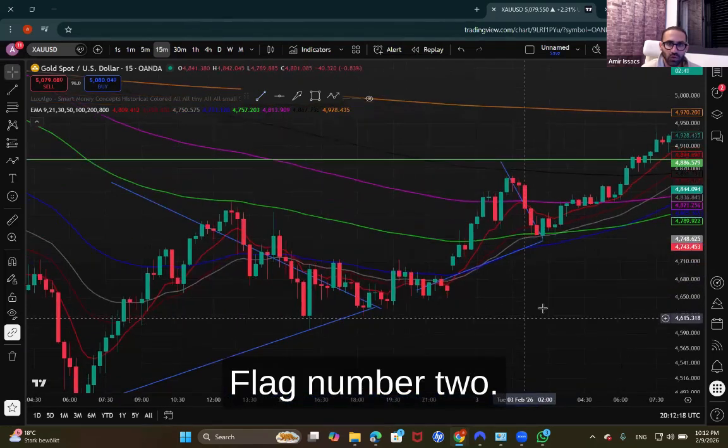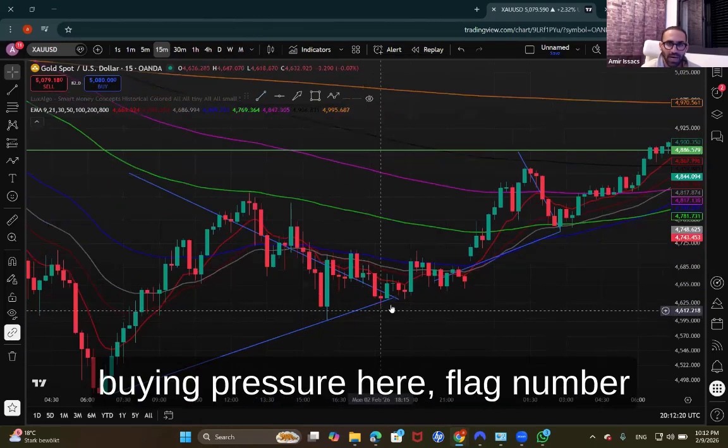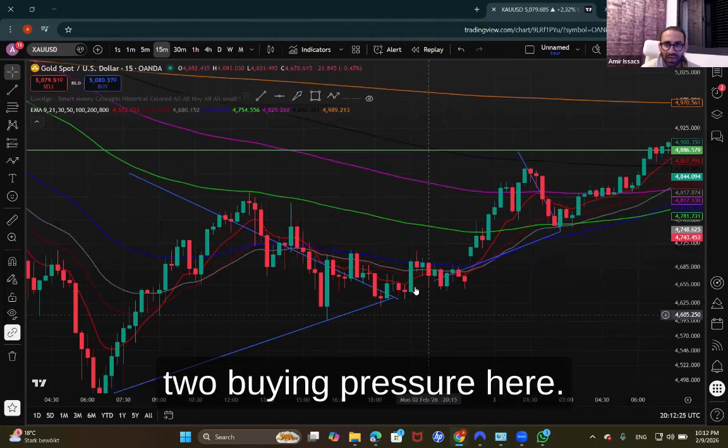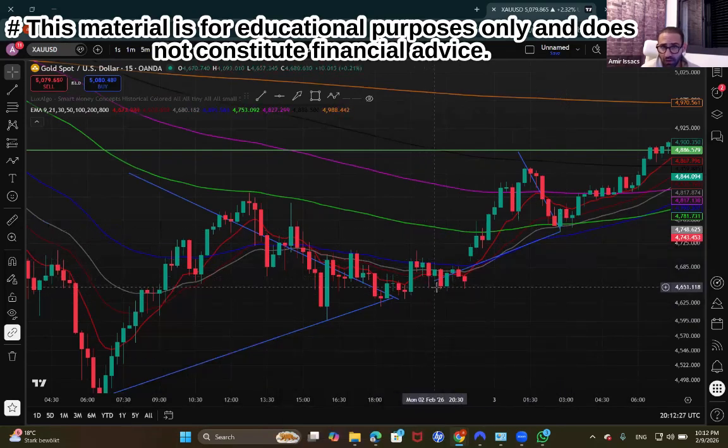Flag number 2. So we've got flag number 1, buying pressure here. Flag number 2, buying pressure here. We have another small flag over here.